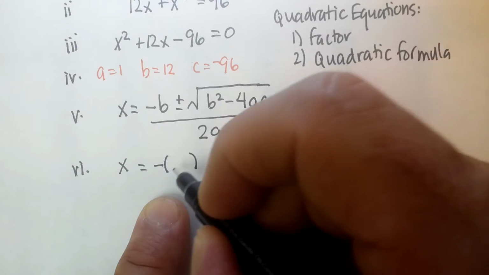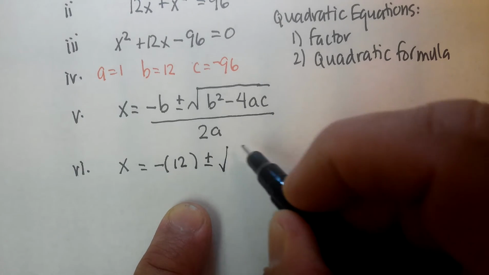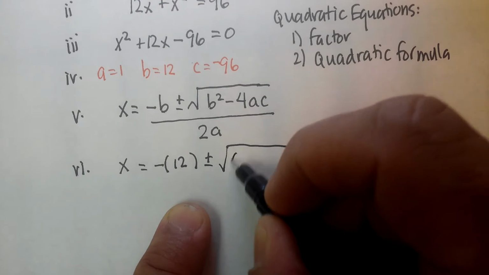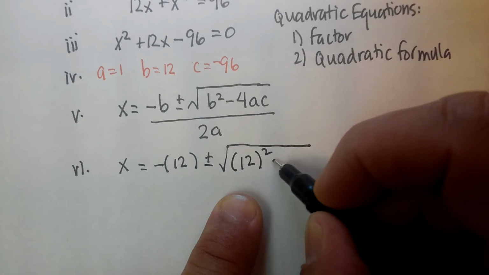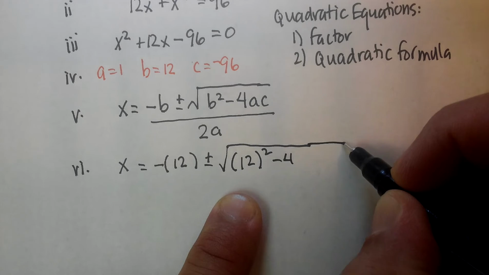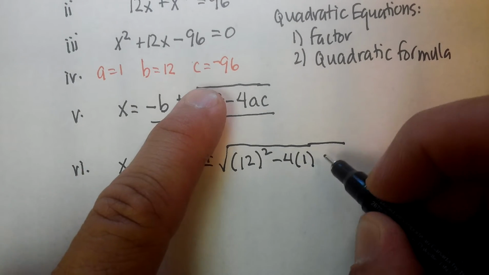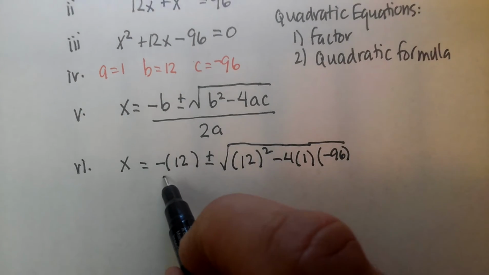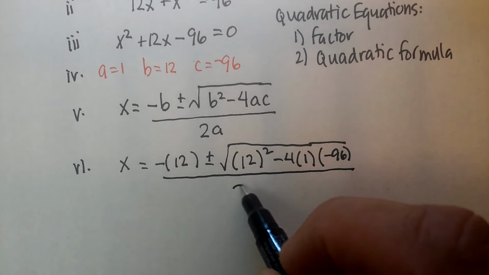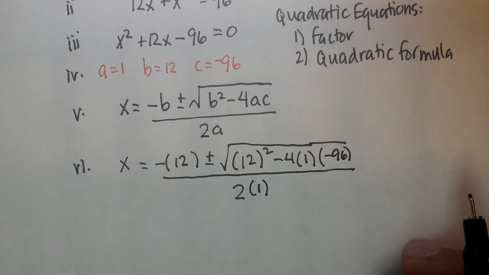So a negative 12 plus or minus the square root of b squared, which is 12 squared, minus 4 times a, which is 1, times c, which is a negative 96, all over 2 times a, which is 2 times 1.